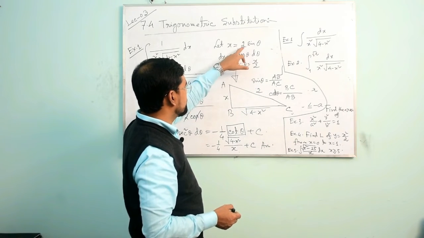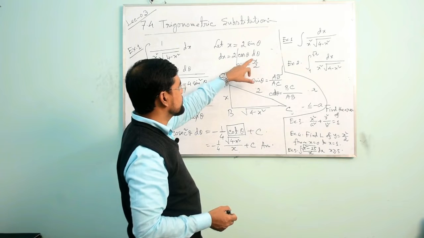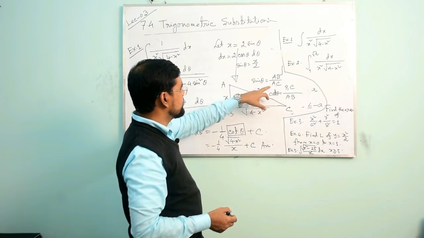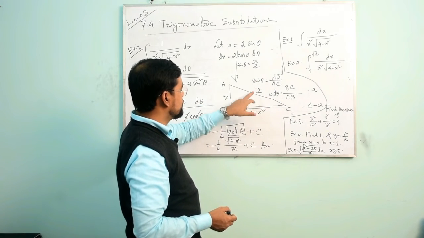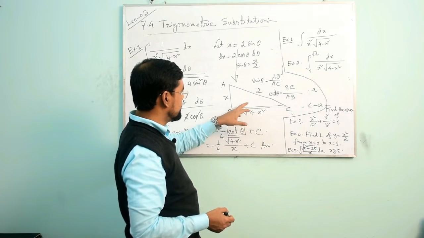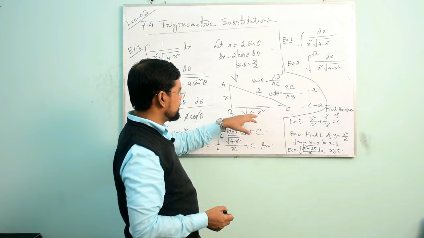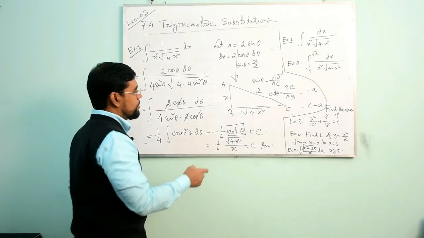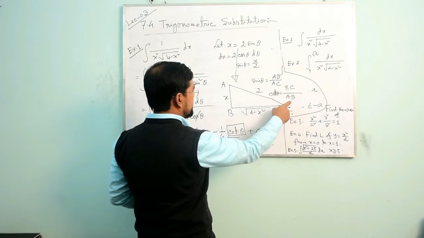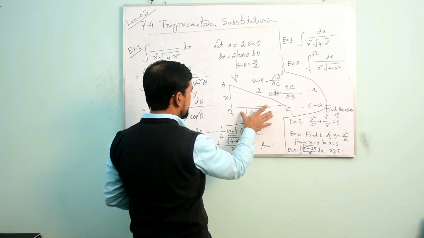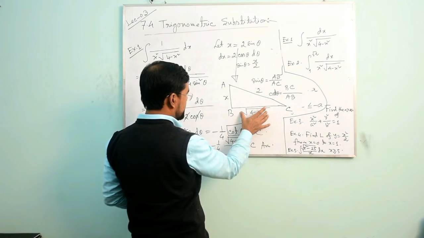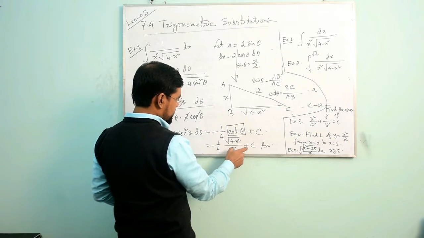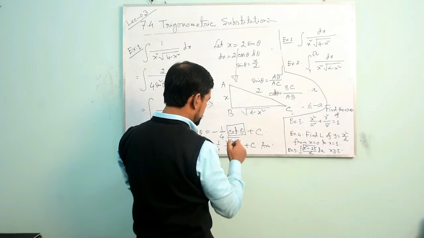So from here we see sin theta equals x by 2. Therefore AB equals x, and instead of AC we can write 2. Another side BC will be square root of 4 minus x square by using Pythagoras' theorem. And cot theta equals BC by AB, so BC equals root 4 minus x square and AB equals x, plus the integrating constant c. So this is your answer.